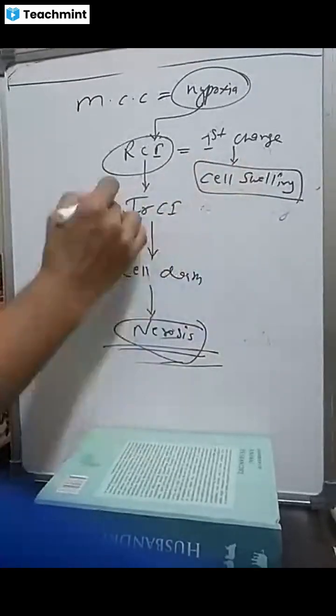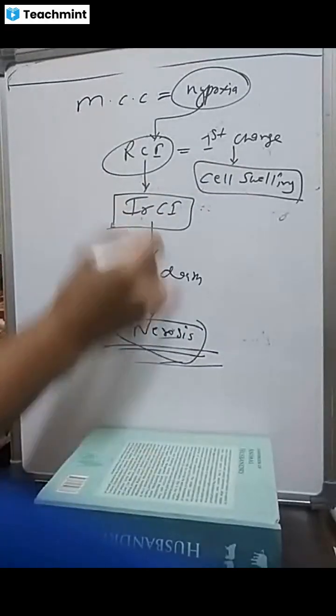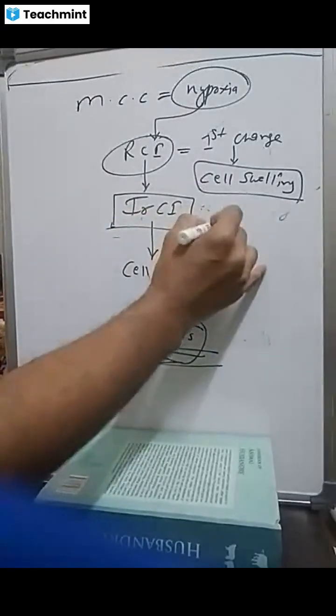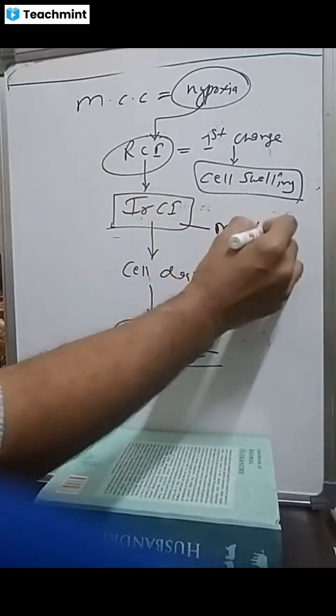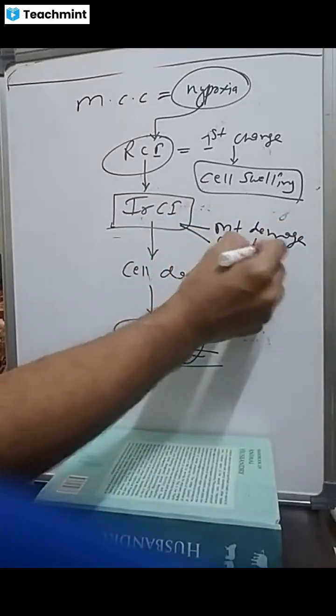After cell swelling, when it reaches irreversible cell injury, there is mitochondrial damage, there is cell membrane damage.